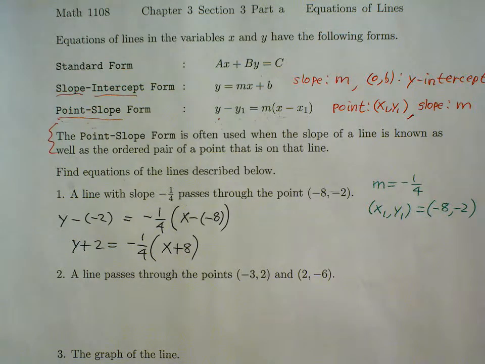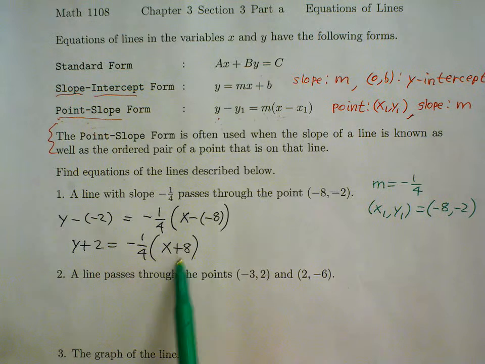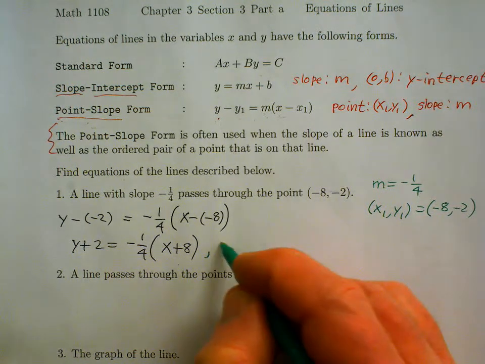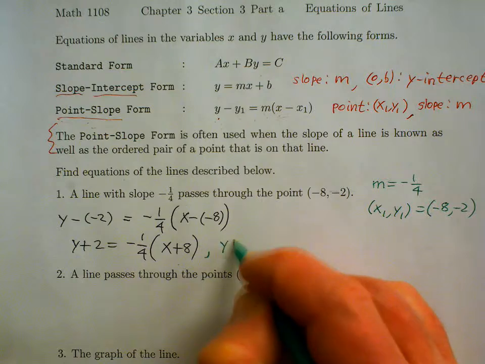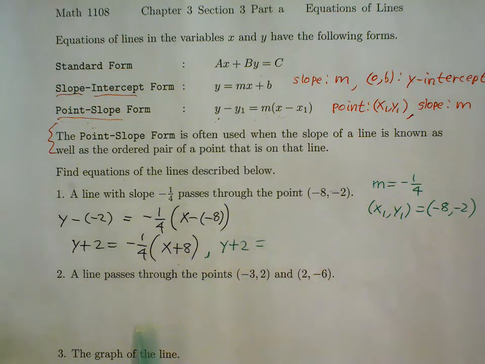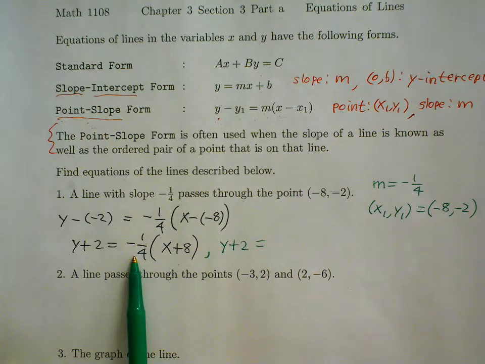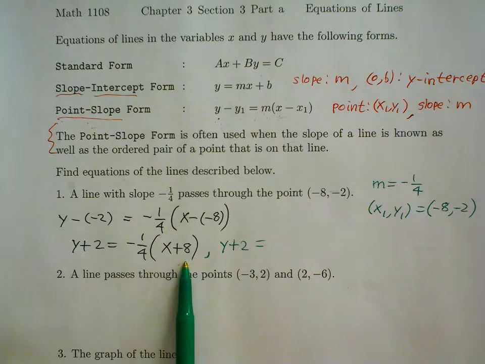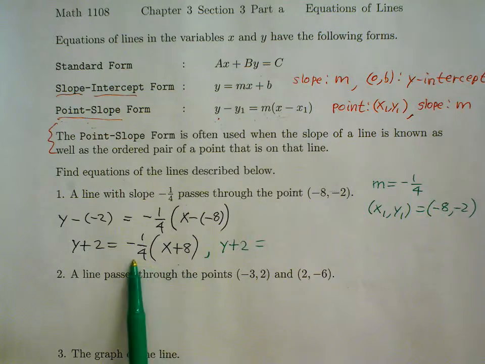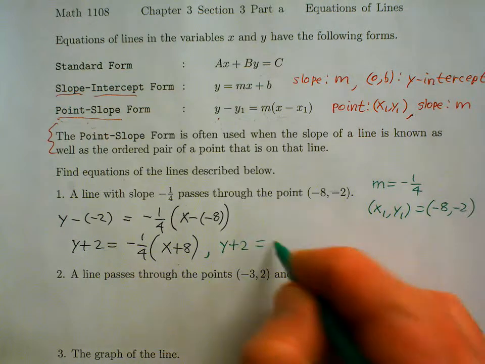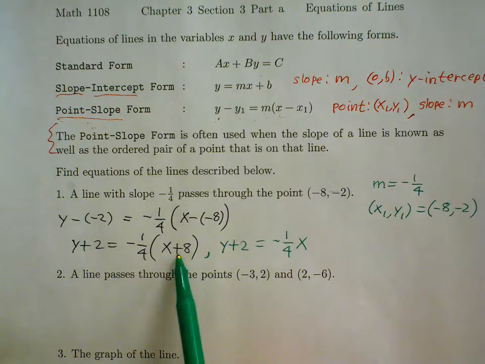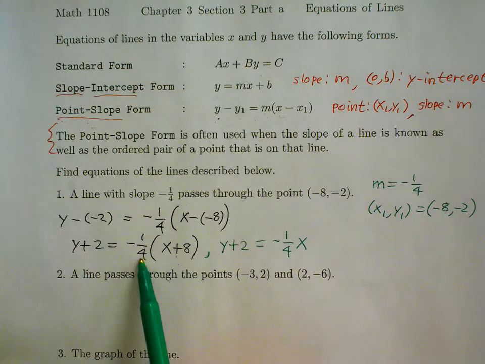So let's go ahead and write it in slope-intercept form. For now, we'll leave the left-hand side the same, y plus 2. And on the right-hand side, we'll distribute multiplication by -1/4 over the binomial x plus 8. So -1/4 times x is -1/4 x. And then we're going to add -1/4 times 8.